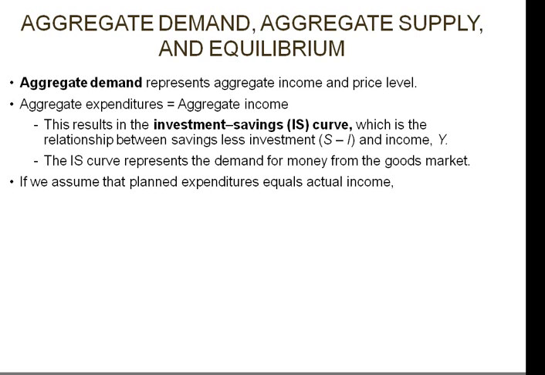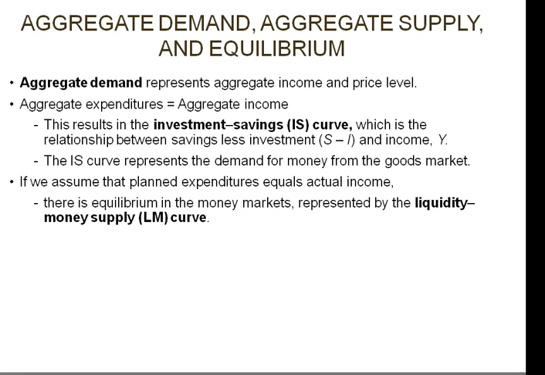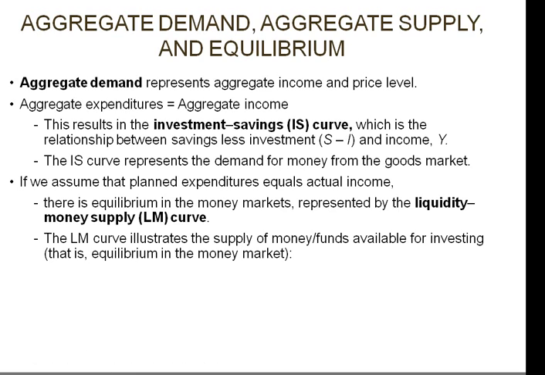If we assume that planned expenditures equal actual income, there is equilibrium in the money market represented by the liquidity money supply LM curve. So the LM curve actually shows all those combinations on which the money market is in equilibrium. The LM curve illustrates the supply of money fund available for investment, that is equilibrium in the money market.